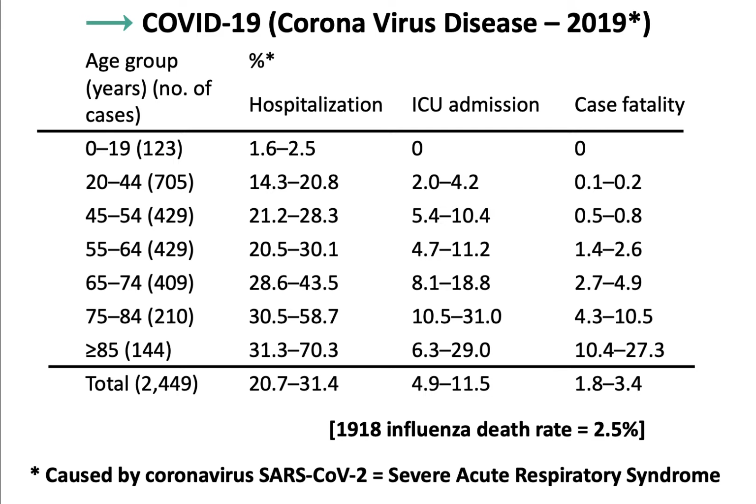And you can see that as older and older people get infected, the fatality rate goes up by quite a bit. The overall rate is 1.8 to 3.4, and this is within the range of the 1918 influenza death rate. Part of this is because they cause very similar reactions in the body. So it's not the virus that's actually killing the people.